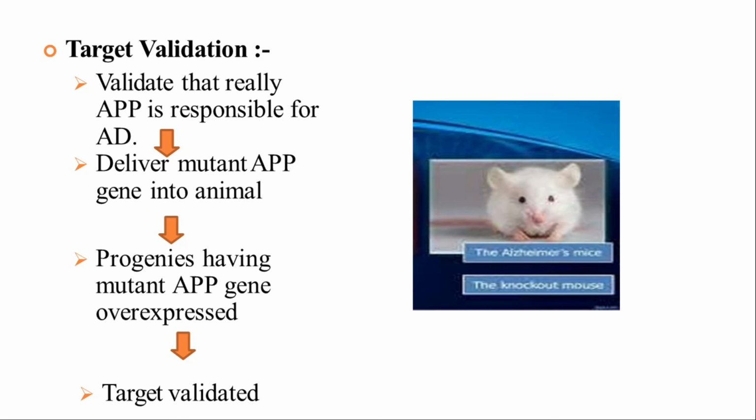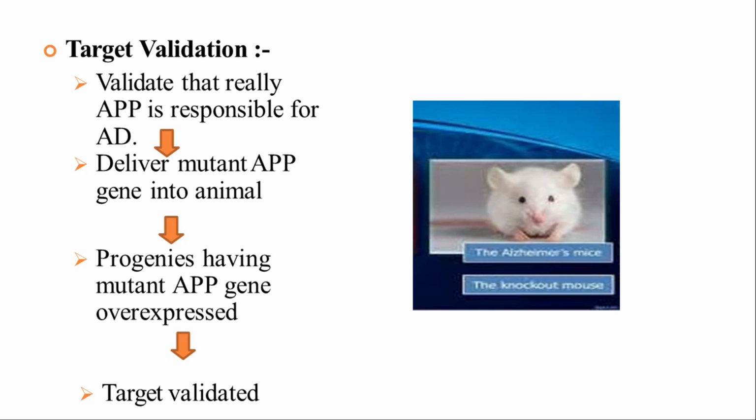Next is target validation. First you have to identify the target, and here again you have to use genomics and proteomics. And for target validation, for this experiment, validate that really APP is responsible for Alzheimer disease. Deliver mutant APP gene into animal.